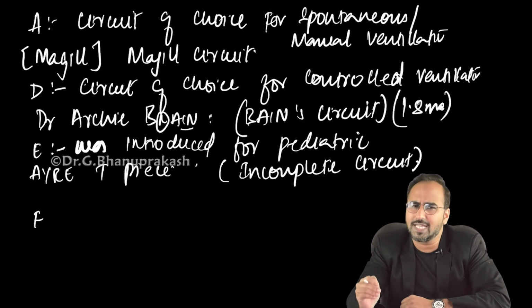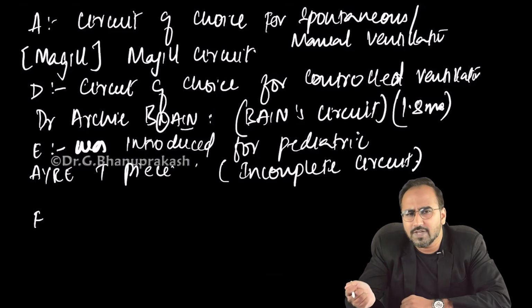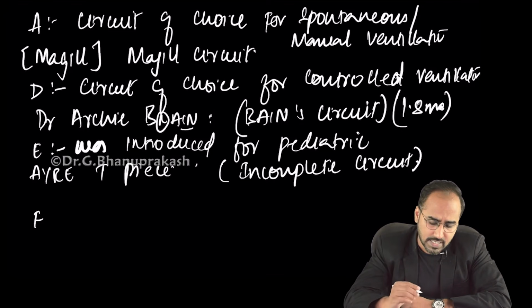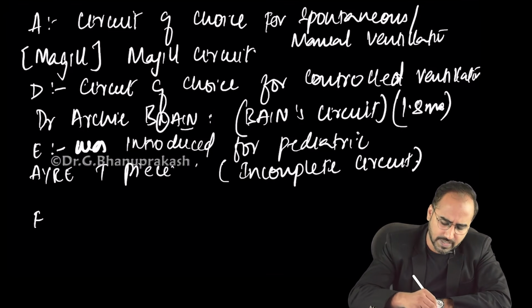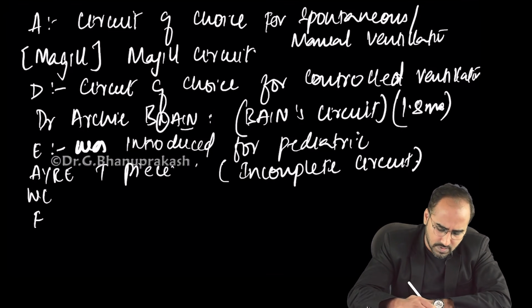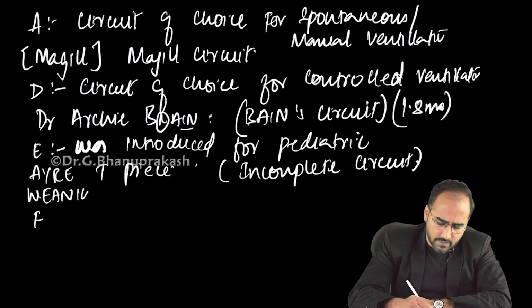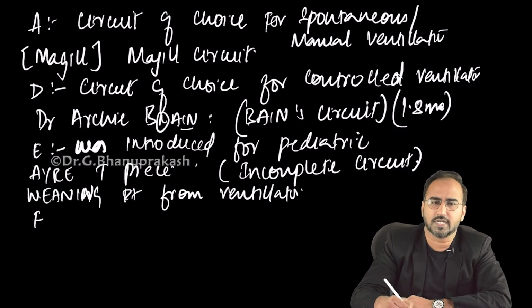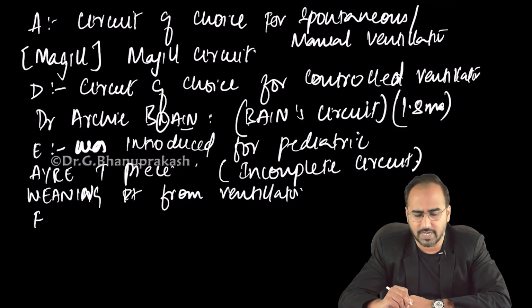If he is maintaining saturation just on the T-piece with oxygen, then we can wean the patient off the ventilator. So Mapleson E circuit is nowadays used for weaning the patient from ventilator.